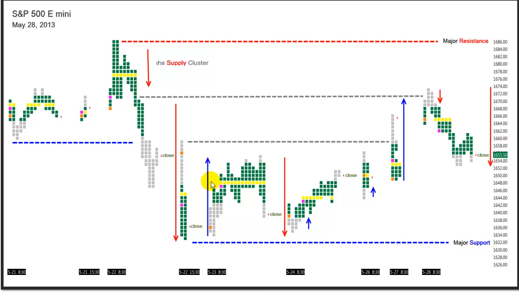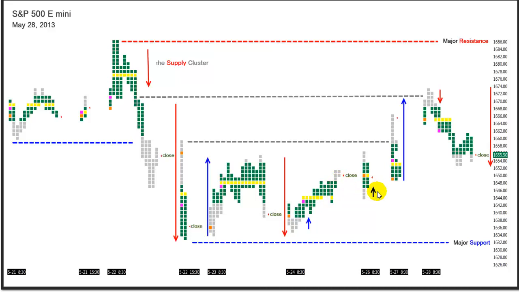The S&P spent 2 days at the low, so on Thursday, after trading to 1632, the market auctioned back up to 1654, sold back down again, retested the low on Friday, and rallied up off the low into Friday's close.